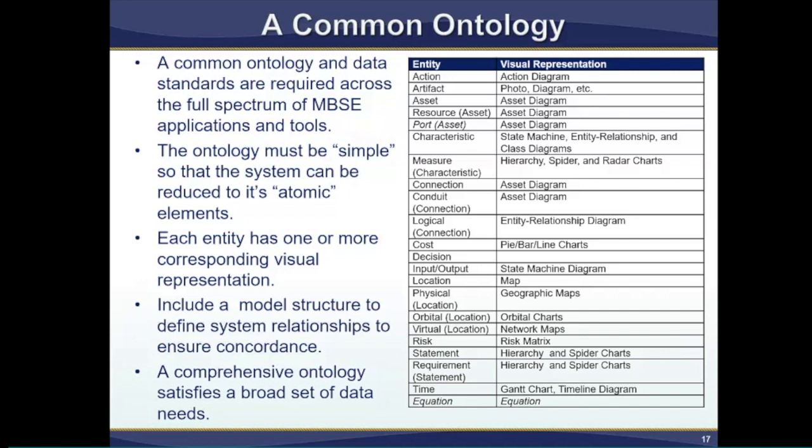So if you think of an ontology, and if you have a large ontology, think of the DoDAF Meta Model 2.0 has almost 600 different terms for that ontology. Okay, so now if I have a large ontology like that, now when I'm the engineer, what am I going to do?